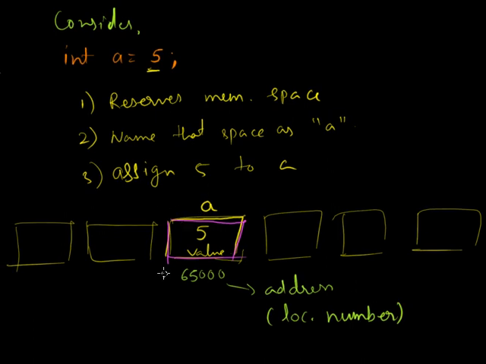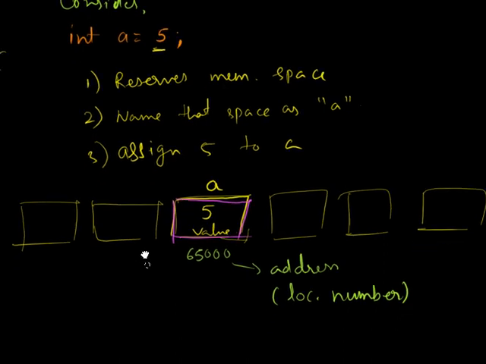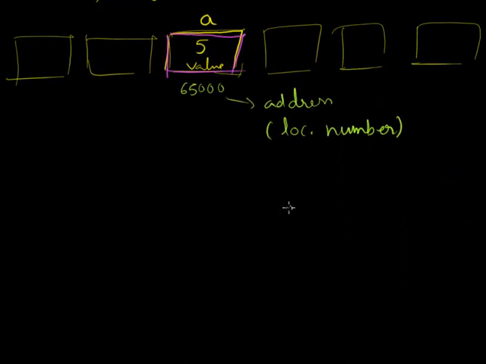Now let us infer something from this information. When we say i, what we get is the value of i, that is 5. When we say address of i, what would we get? The address of i, that is 65,000 in this case.